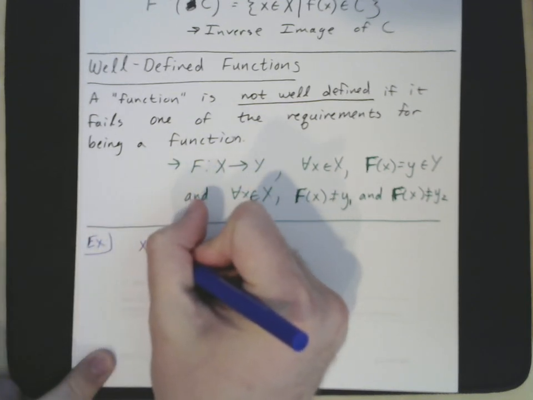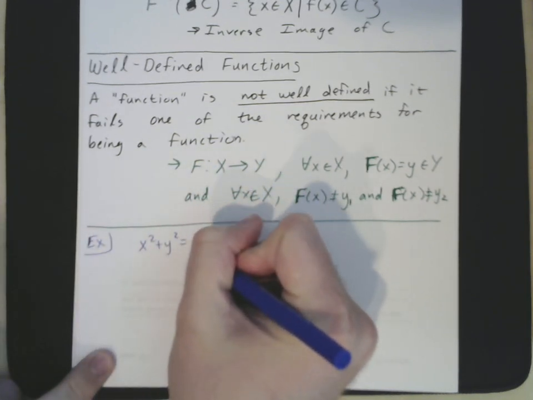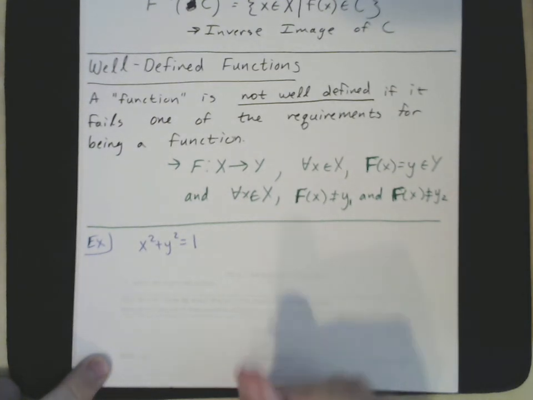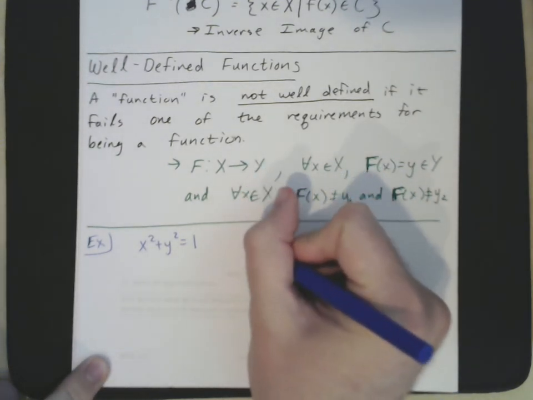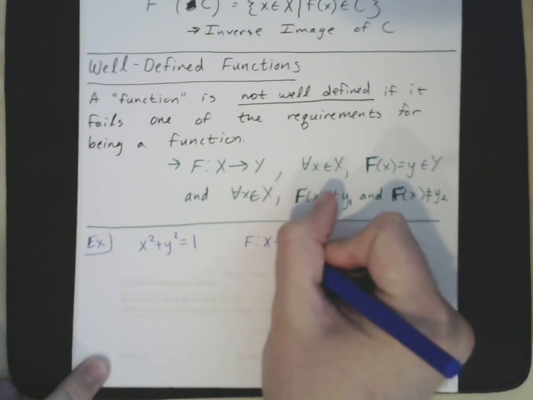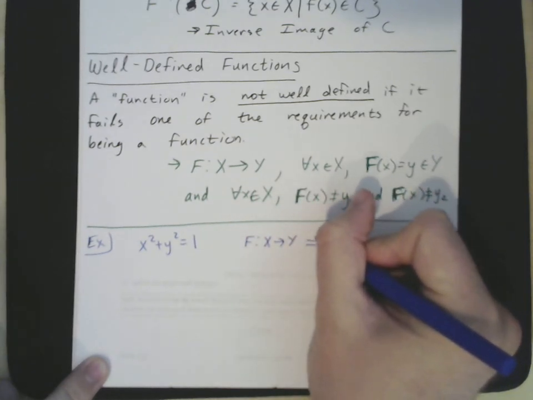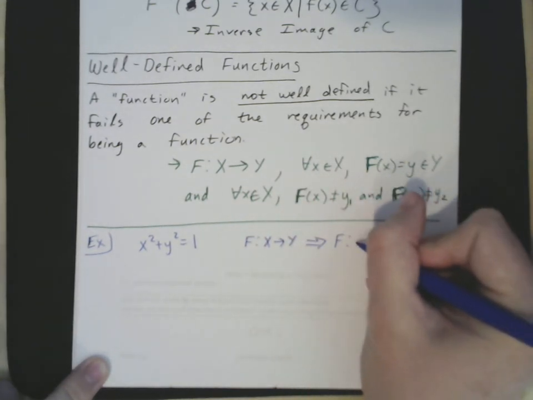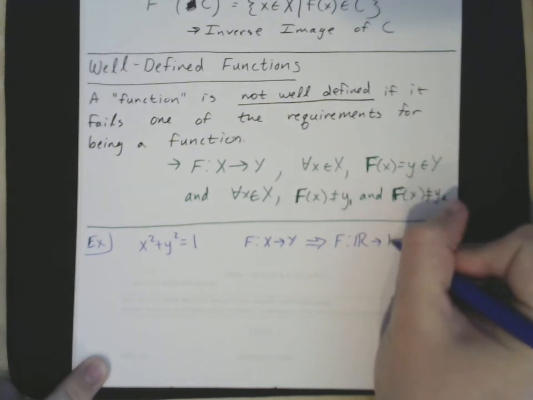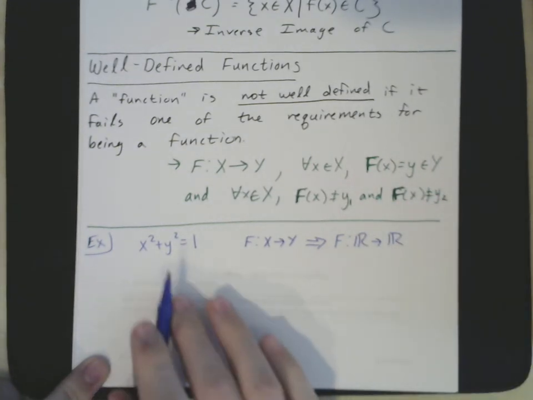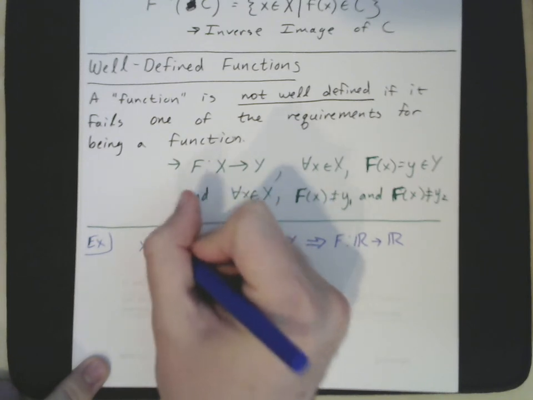So if you think about x squared plus y squared, we'll just use the unit circle. And if this maps x into y, and we'll say that f maps reals into reals, and this is our relation equation that defines our function.